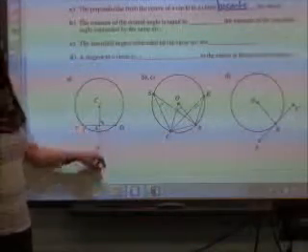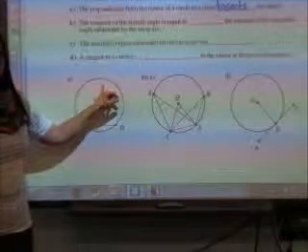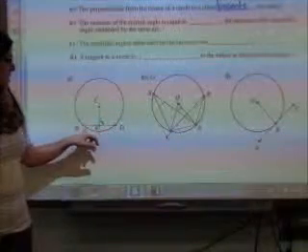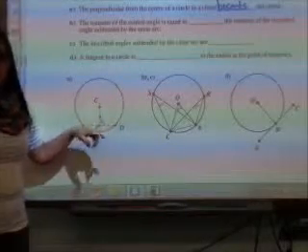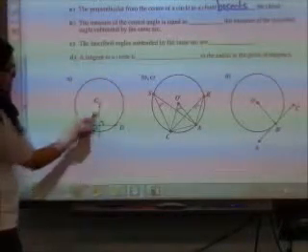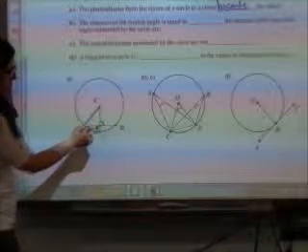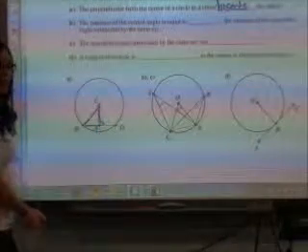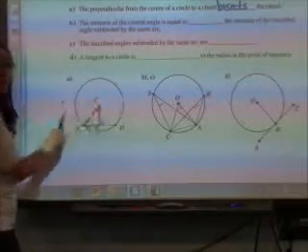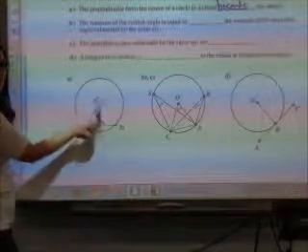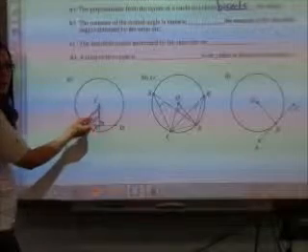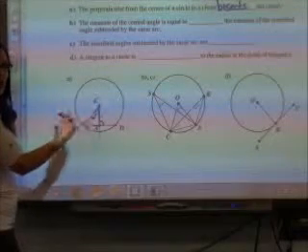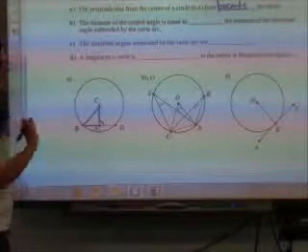If a line goes through the center of a circle and it bisects the chord, it has to be at 90 degrees. This is useful because if I drop a line, now I have a right triangle. If I draw this line bisecting this chord, I now have a 90-degree angle, and I would be able to then find some other calculations.